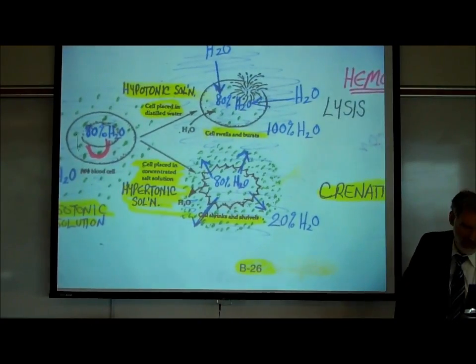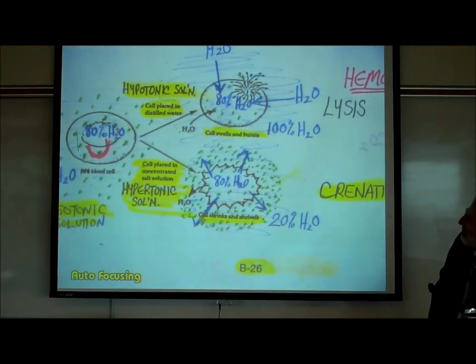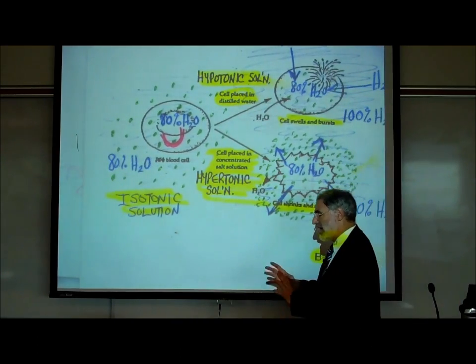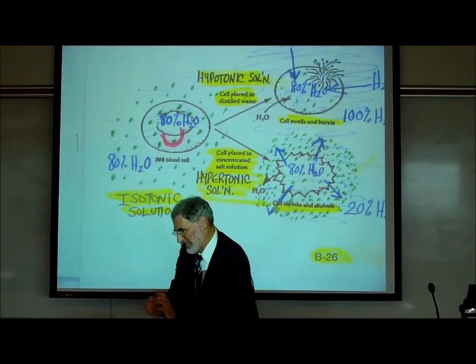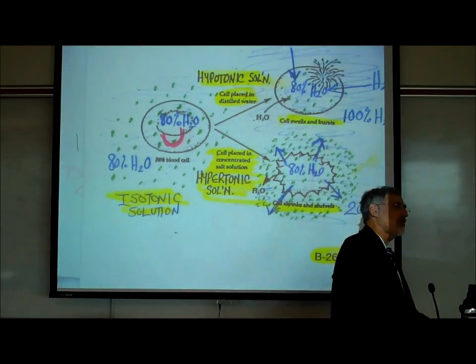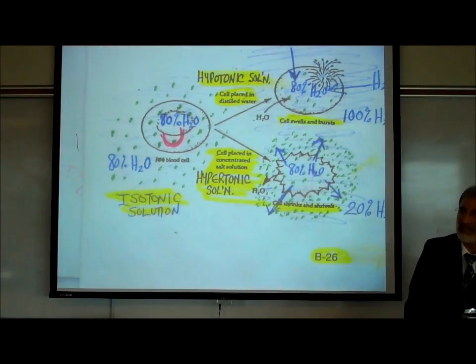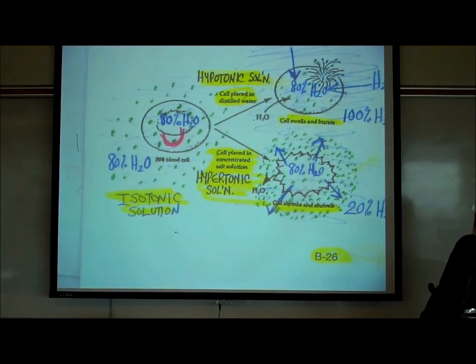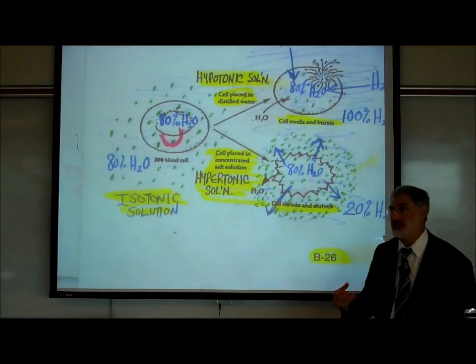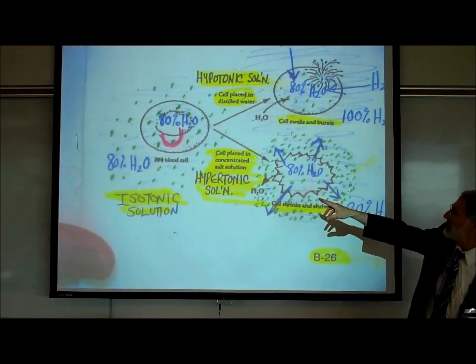So, in general, and we're going to learn more about this yet in this course, anytime a solution is injected into the body, it must always be an isotonic solution. Always. Because if you're giving any fluid intravenously into the body, a shot, it better be isotonic.